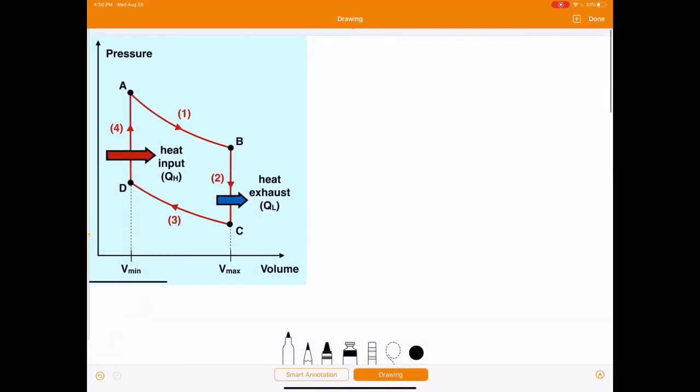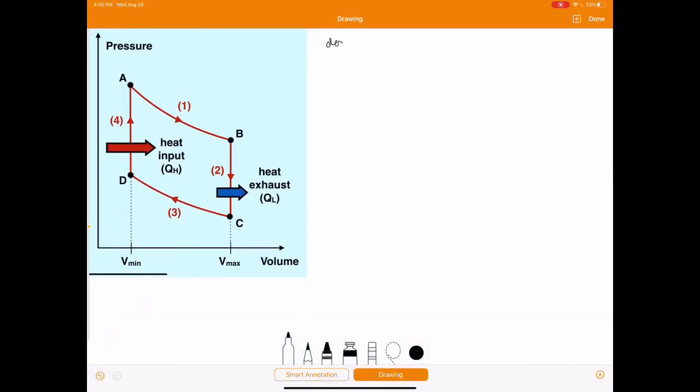Okay, so this is going to be a derivation of the Otto efficiency. And remember, in general, the efficiency of an engine is given by 1 minus QL over QH. So we just need expressions for QL and QH, and then we can derive the efficiency from that.